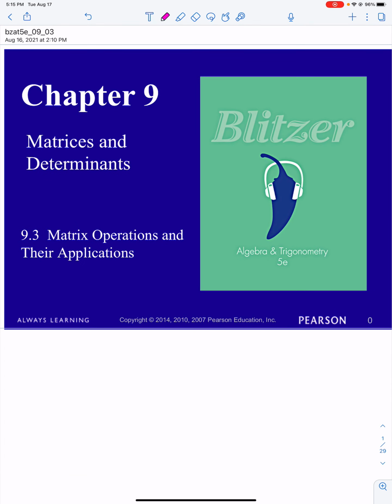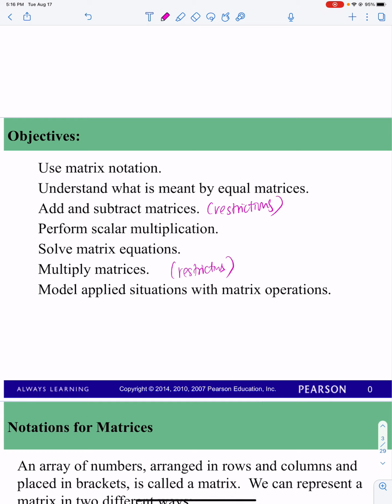It's not like every two matrices you can subtract, and then perform scalar multiplication and solve matrix equations. Multiplying matrices also has restrictions. And then you model applied situations with matrix operations.